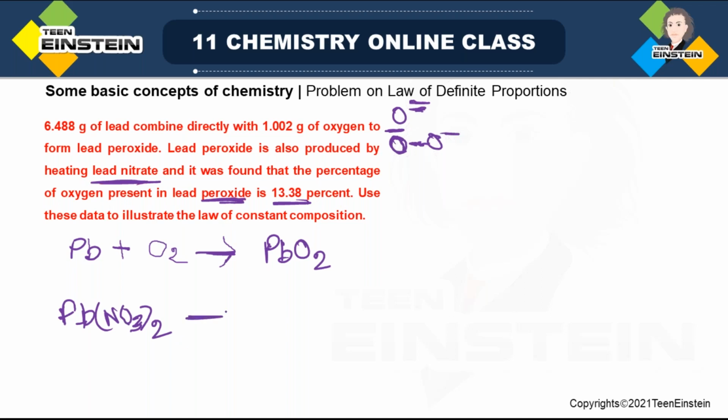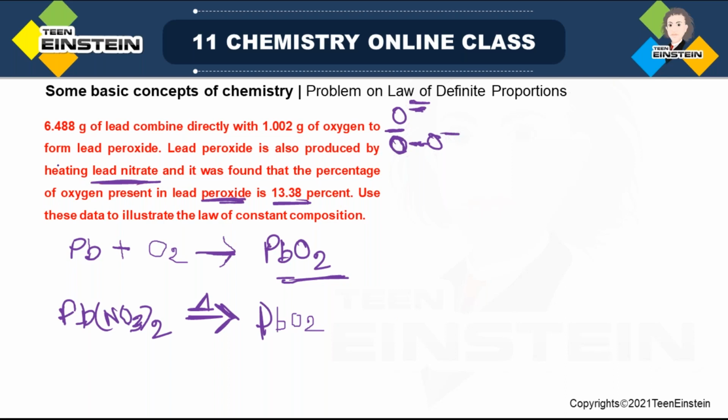So in the second method also, when you are heating it, you are getting PbO2, and it is already mentioned that the percentage of oxygen is 13.38. So if somehow we can prove that in the first case also the oxygen percentage is 13.38, that means the law of constant composition or definite proportion is followed, right?